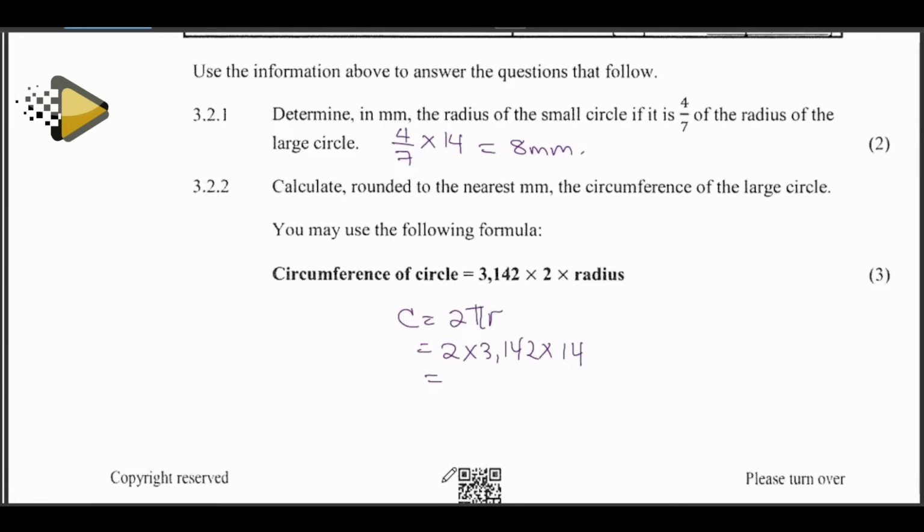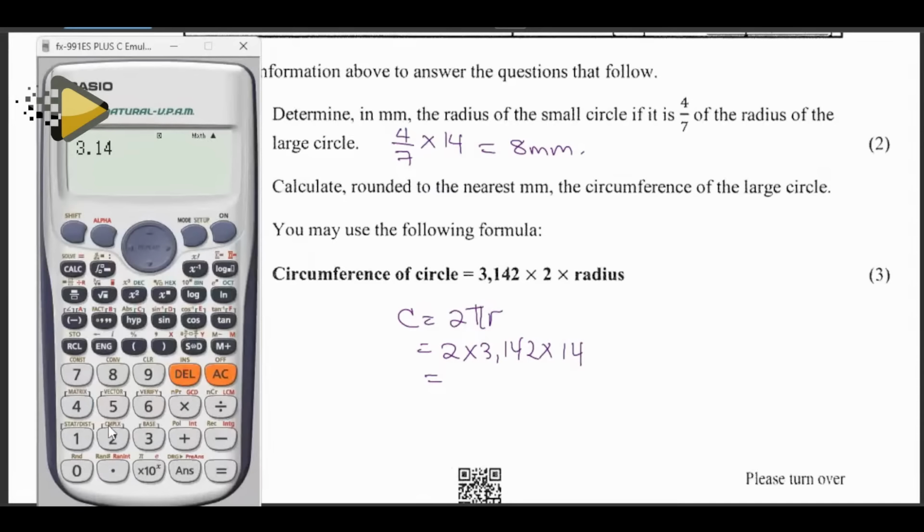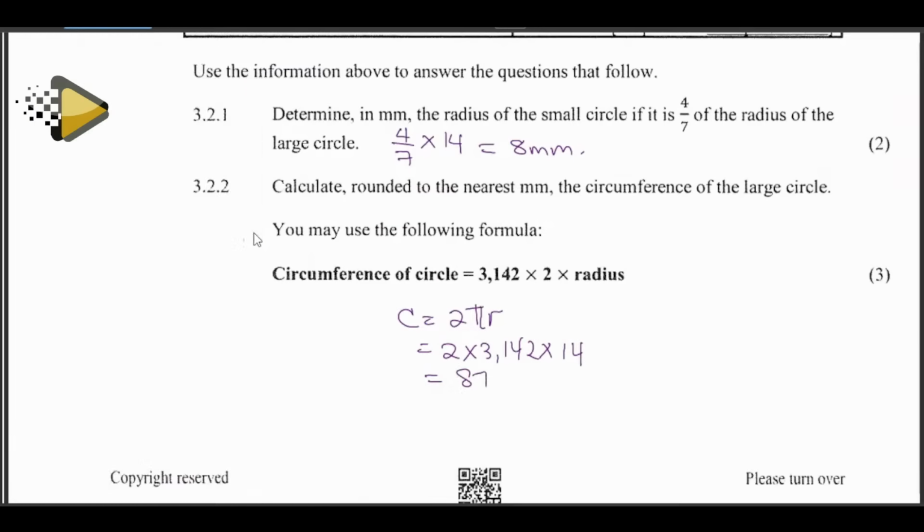So 2 times 14, you have 28, times 3.142. So the answer here became 87.98. But they said to the nearest millimeter, making it 88 millimeters.